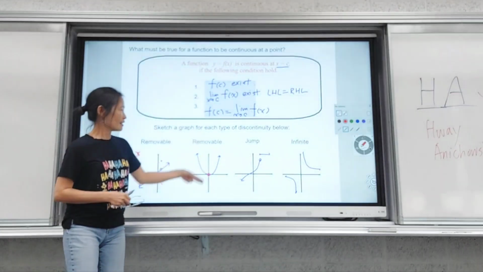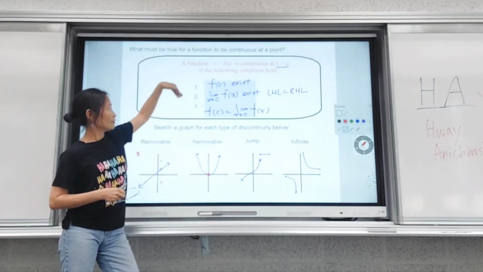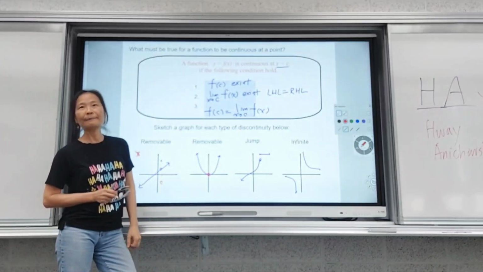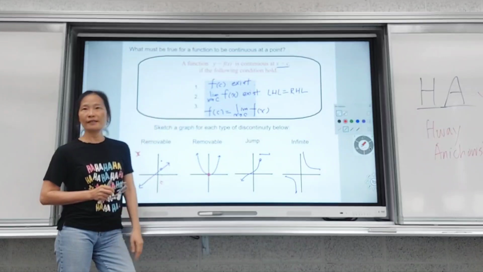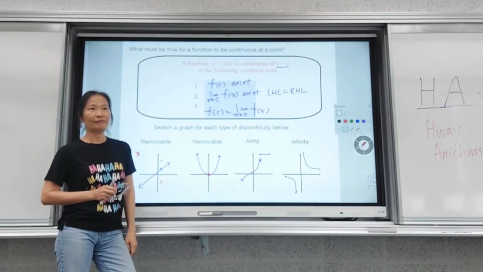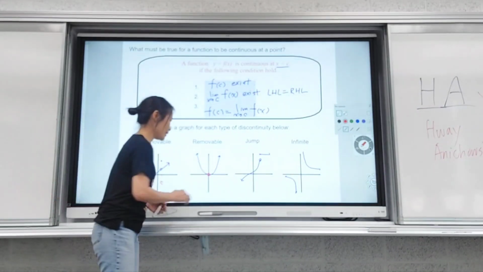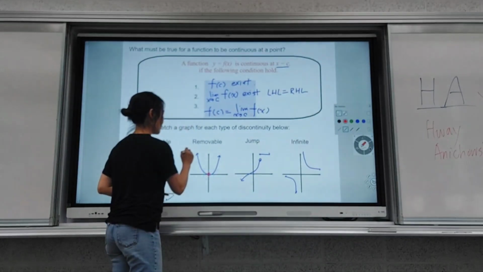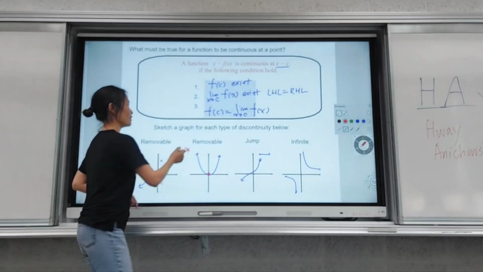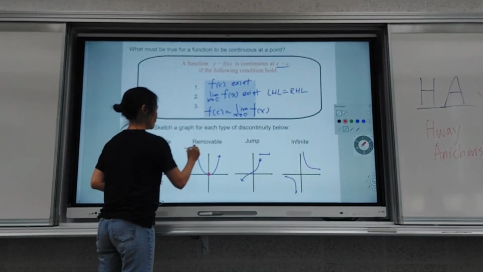All right, the second one, which one does not apply? Does f of c exist? No, so it's already disconnected. So f of c does not exist. Therefore, it's impossible for number 3 to be true.